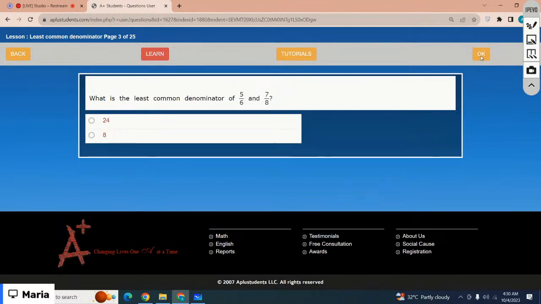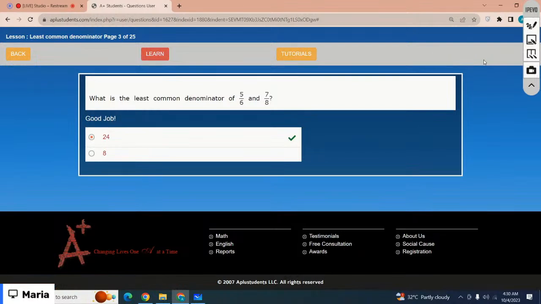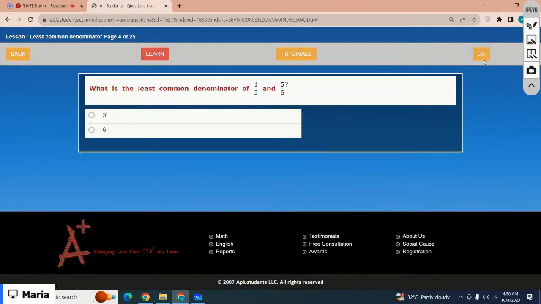Very good. That is 24. 24 is the number that is divisible by both 6 and 8, right? So the correct option is 24. What is the least common denominator of 1 by 3 and 5 by 6? Which is the correct option?